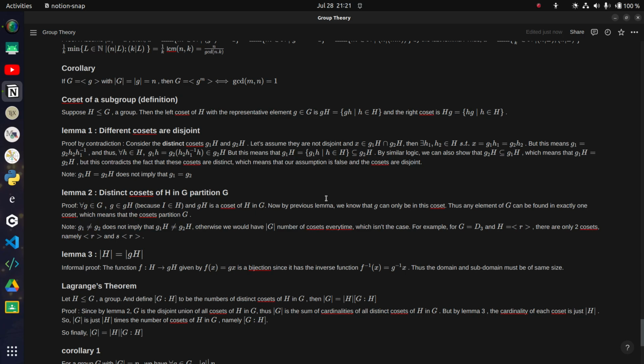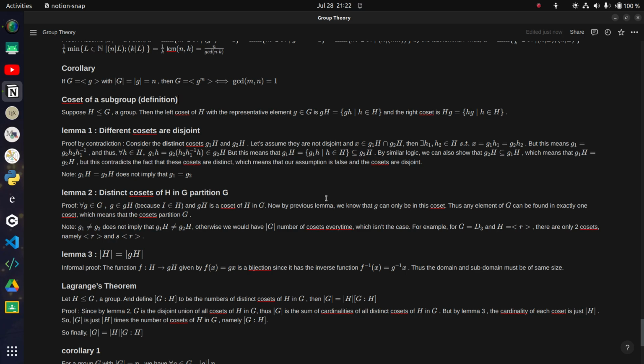The proof is that for all elements of G, small g belongs to small g capital H because H contains the identity element. So small gH also contains small g as the very first element that you will write down. And thus small gH is a coset which contains small g. For any arbitrary g, you could always find a coset like that.